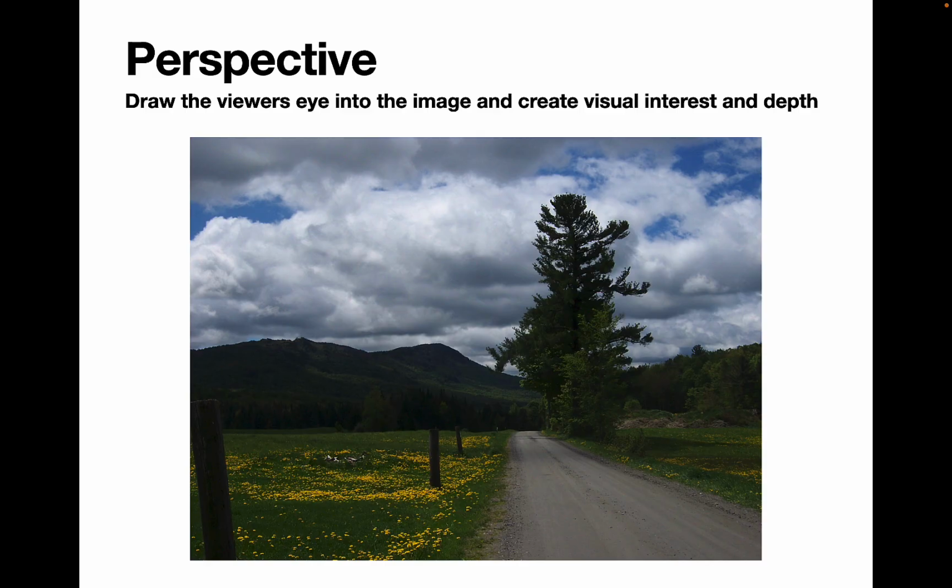And in this case, it's created with the road becoming more narrow, and then the fence post getting smaller and smaller. And then we're going to learn a lot about perspective coming up in another project. But just having these kind of lines going back into the scene can draw people in.